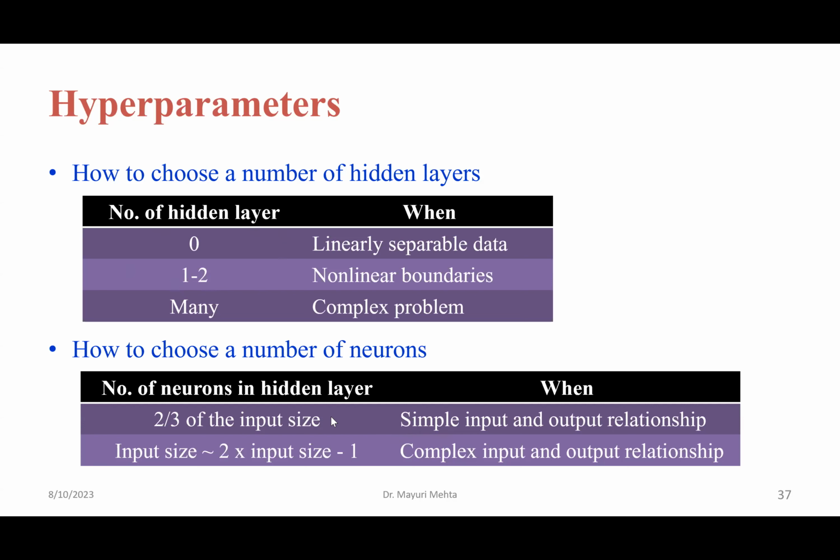But if the input and output relationship is complex, the number can vary from the input size to less than twice the input size. This is when the relationship between input and output is complex. And the first is when the relationship between input and output is simpler.